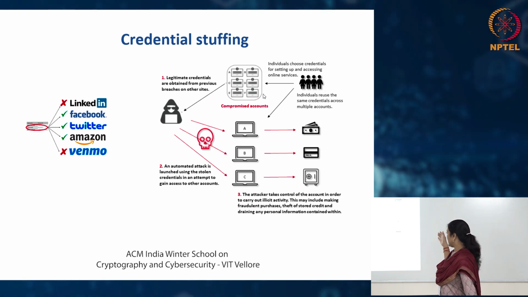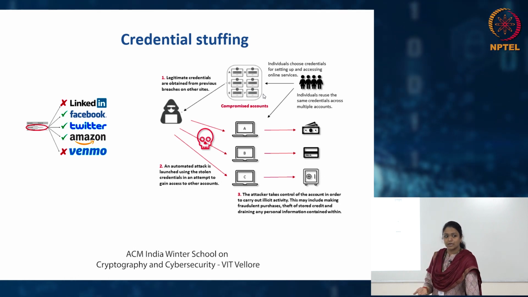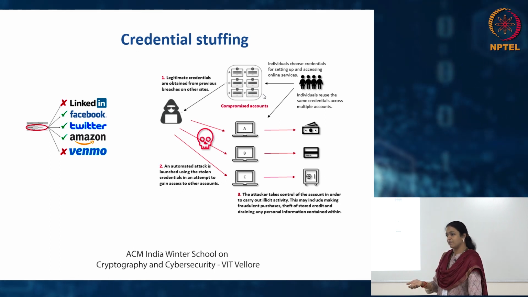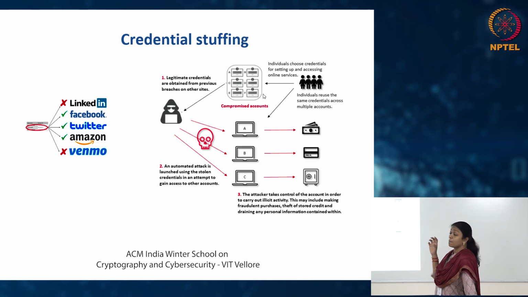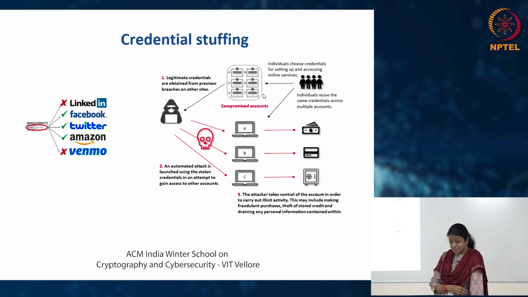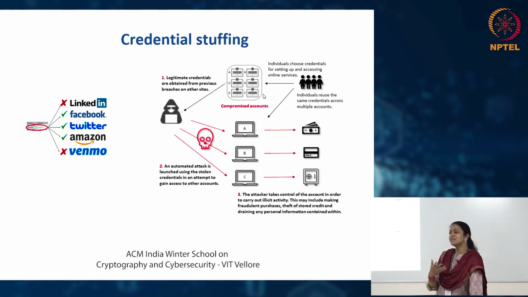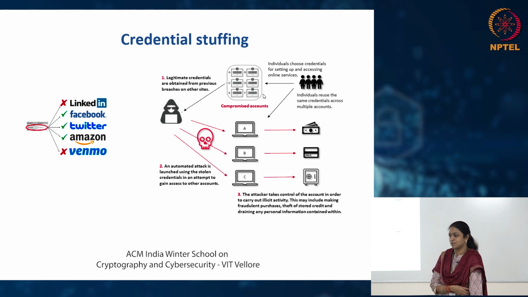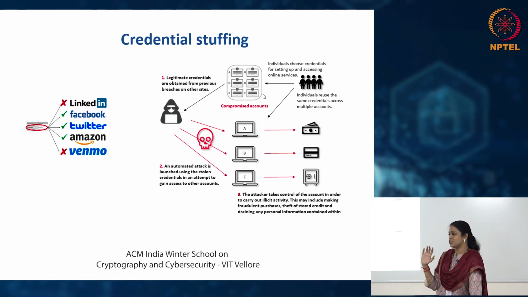Naturally, many times it will work out because many people have the same password for multiple accounts. According to the statistics, 60% of people have the same password for multiple accounts, all over the world.